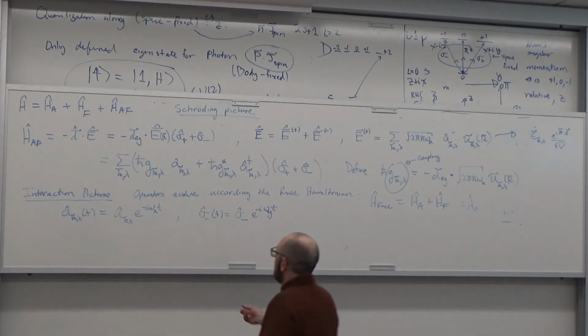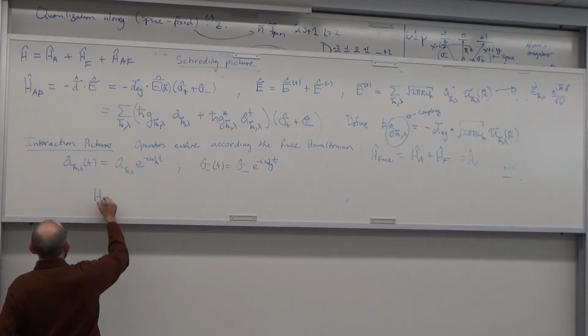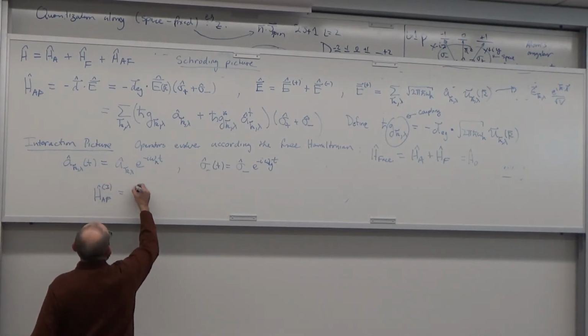So, in the interaction picture, my interaction Hamiltonian is equal to the following. The sum over the modes.